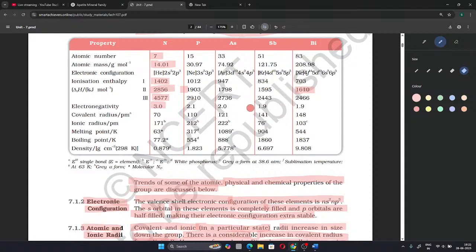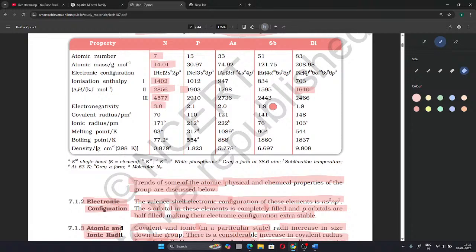This is as expected, and the general trend of decreasing ionization enthalpy as we go down the group is followed completely in the case of the first ionization enthalpy, and somewhat disobeyed in the case of antimony and bismuth, with antimony having a slightly lower ionization enthalpy than bismuth.